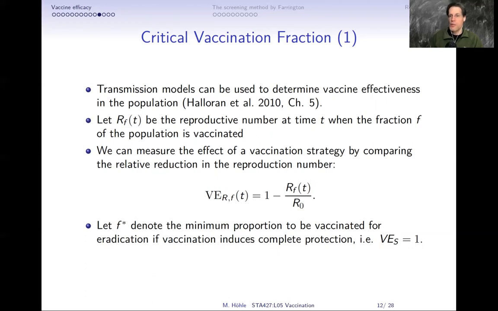But now you also take these population-based effects into account, because R naught, as you know, is these 3 components which you multiply. Contact parameters: how many contacts do we have within a given interval. Then there's a probability parameter: what is the probability that one of these contacts, if it is with an infectious person, will actually be a transmission event, so that the disease will be transmitted to you.